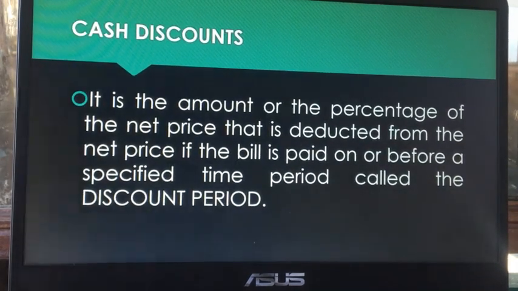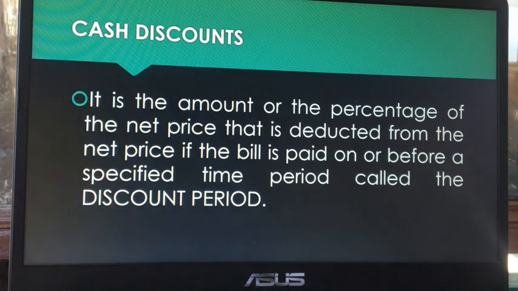Next, cash discount. What is the difference between cash discount and trade discount? Cash discount is the amount or the percentage of the net price that is deducted from the net price if the bill is paid on or before a specified time period called the discount period.